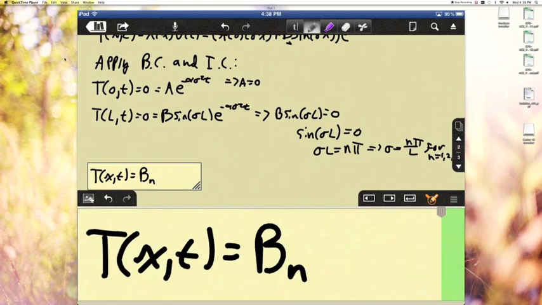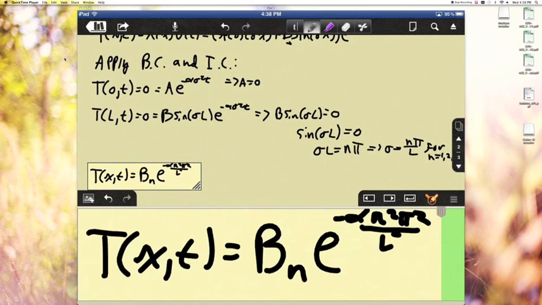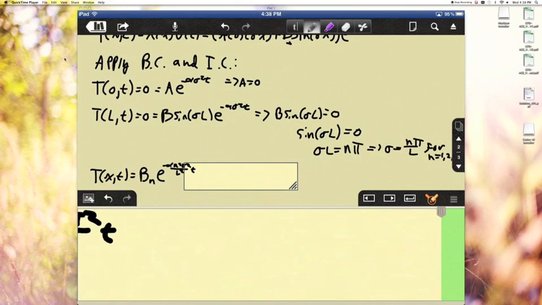We get b_n times the exponential of sigma squared n squared pi squared all over L squared times time, times the sine of n pi over L times x. And again, that's for n equal to any integer up to n.